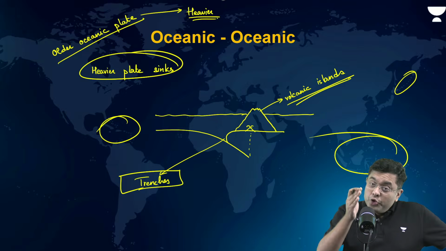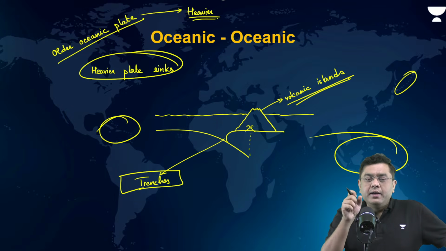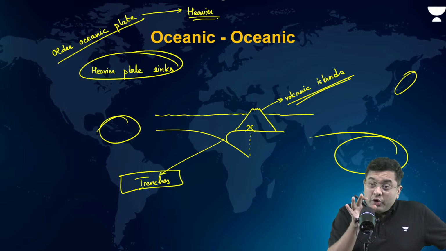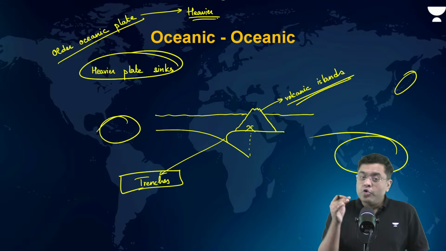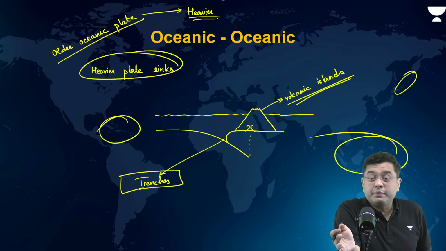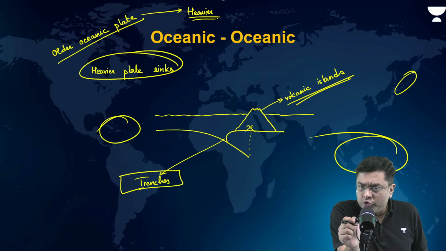The oceanic floor of the Indian plate, when it collided with the oceanic floor of the Burmese plate, that is when the Andaman Nicobar Islands got created. That is why India's only active volcano is present where? Barren Island in the region of the Andaman Nicobar group.